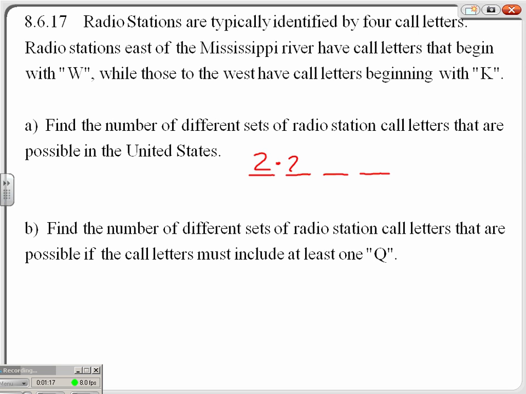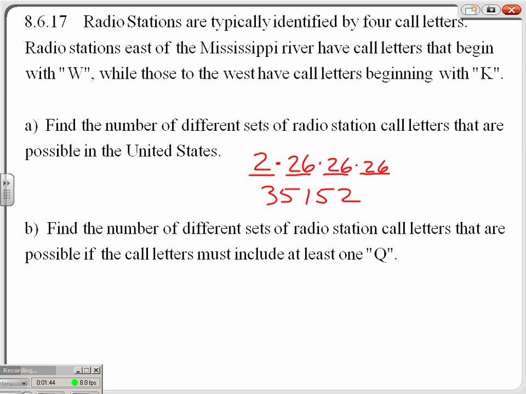So then I have times 26 times 26 times 26 possible solutions at this point. And this, of course, we would all grab our calculator here, I believe. We have 2 times 26 to the third. In this case, pretty big number, 35,152.